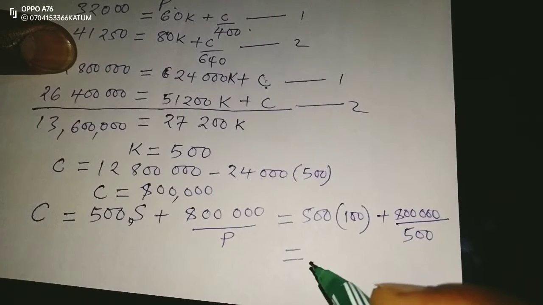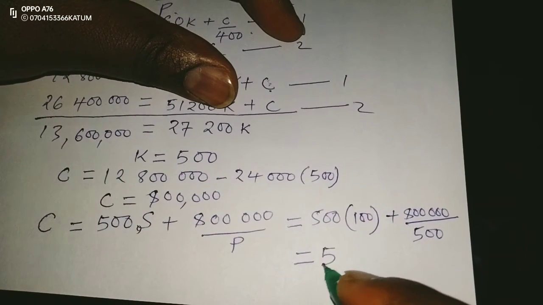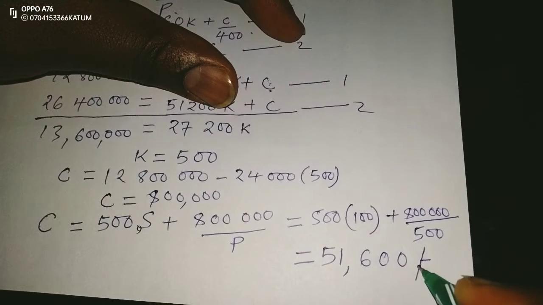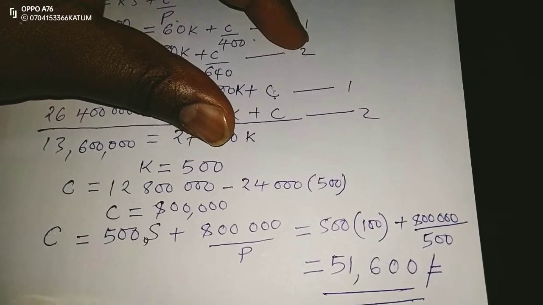So the cost is going to be, when we divide 800,000 by 500, that becomes 1,600, then plus 50,000, we get 51,600 Kenya shillings. So that is how we handle the partial variation question.